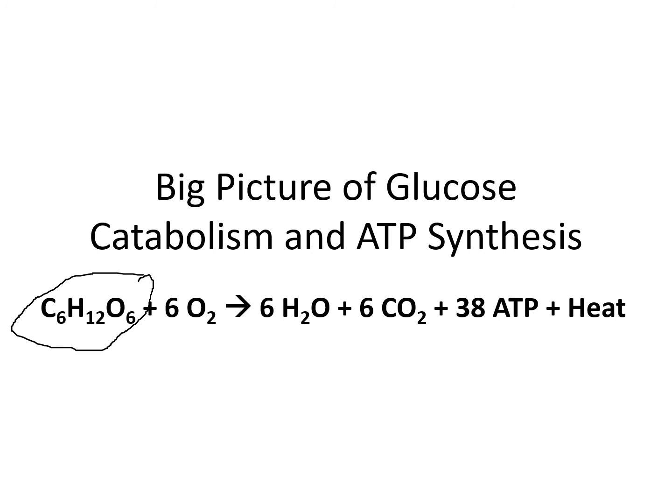It's the final electron acceptor. Of course, this is going to produce 6 molecules of water. And during the course of the reactions, the 6 carbons of glucose are going to be released as 6 molecules of carbon dioxide that we exhale. The end result of 1 molecule of glucose is up to 38 ATPs plus heat.